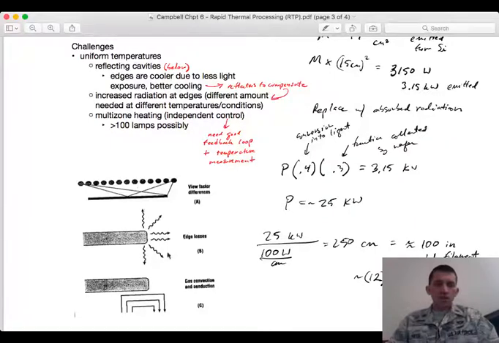This is made more challenging by the fact that, remember, your wafer is losing heat via radiation. And so the edge has more surface area with which to emit, and it's going to have a higher loss, so you're generally going to have cooler regions near the edge, which makes it hard to have a really uniform surface. So in order to account for that, you might actually want to have more incoming radiation at the edges of your wafer to increase the uniformity.